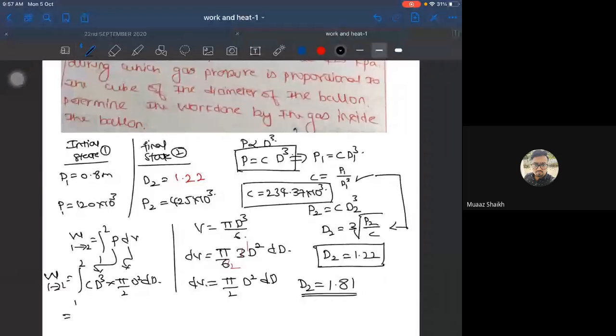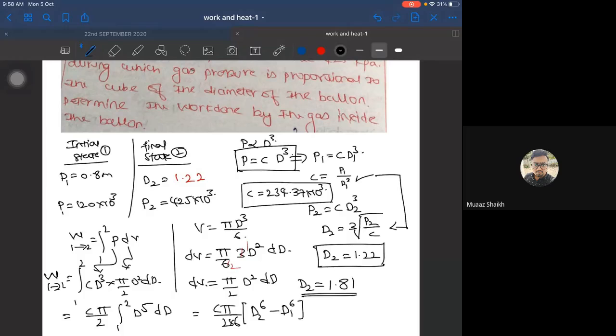So C pi by 2 is common, I mean constants. Integration from 1 to 2 of D cubed and D squared, it is D to the power of 5 dD. If you integrate it, it would be C pi by 2 times D2 to the power of 6 minus D1 to the power of 6, divided by 6.